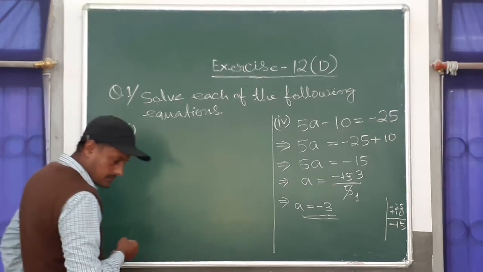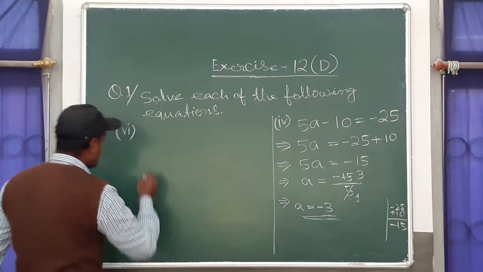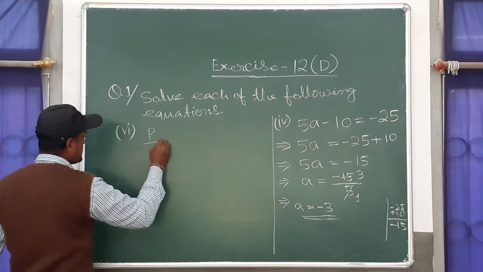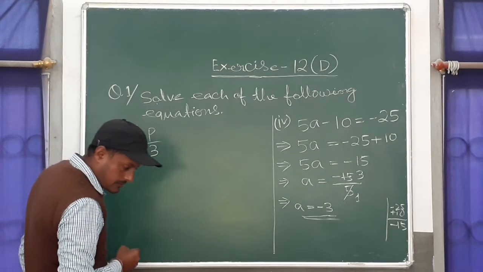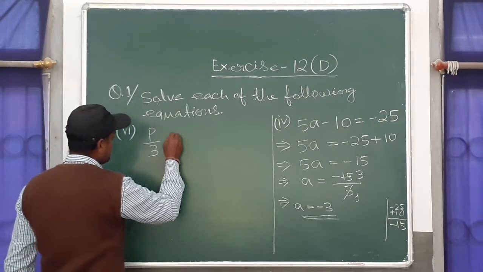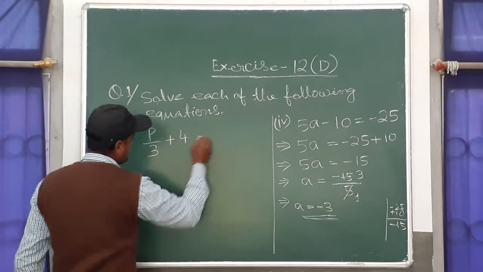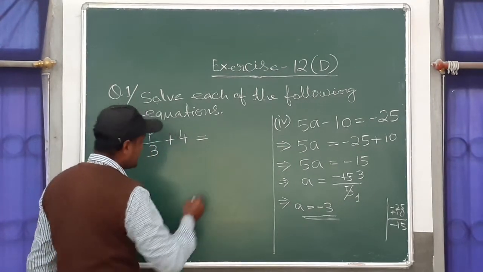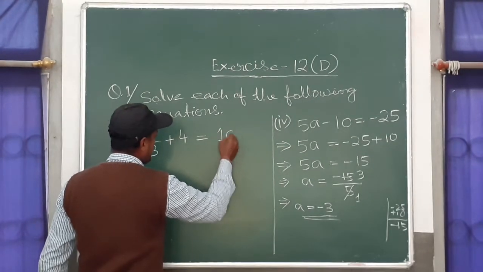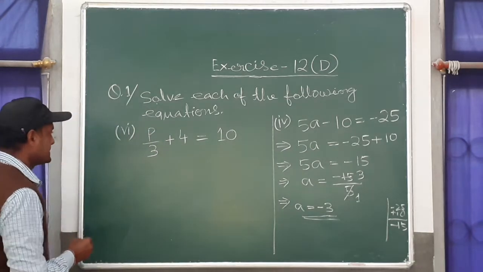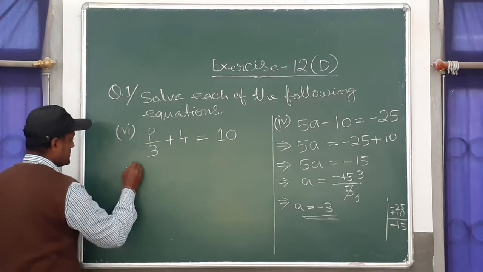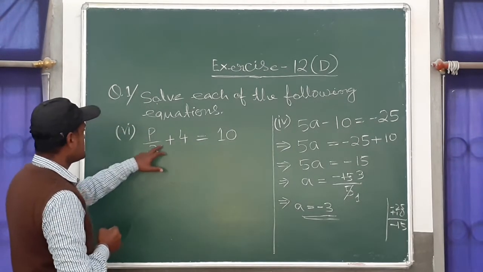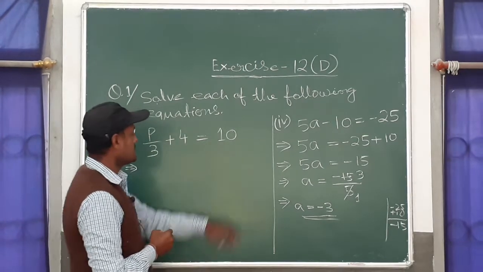Question number 1 part 6, that is p upon 3 plus 4 is equal to 10. So your question is p upon 3 plus 4 is equal to 10.